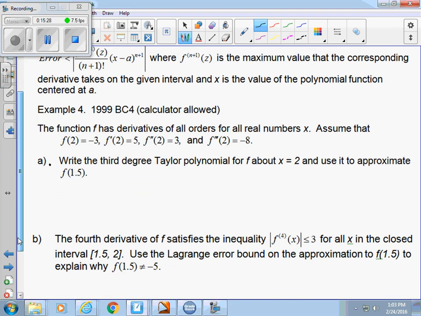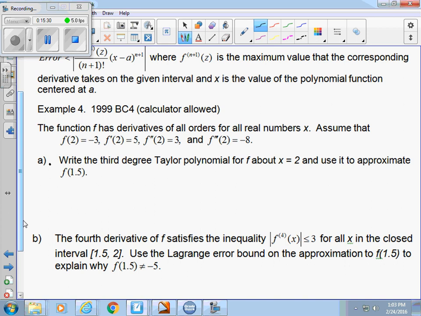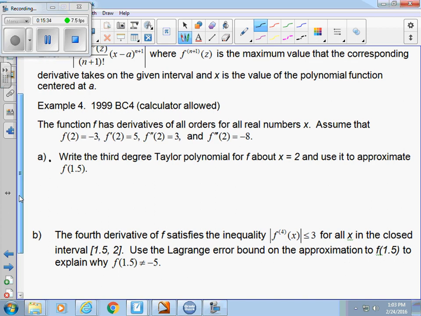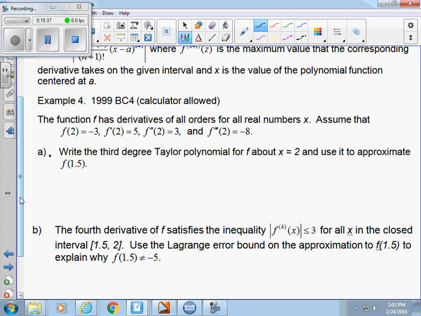This is a calculator allowed problem. Those are fewer and farther between as you get into the newer AP problems on Taylor. Part of that's probably because of your TI-89. Have y'all seen the Taylor button on your TI-89?